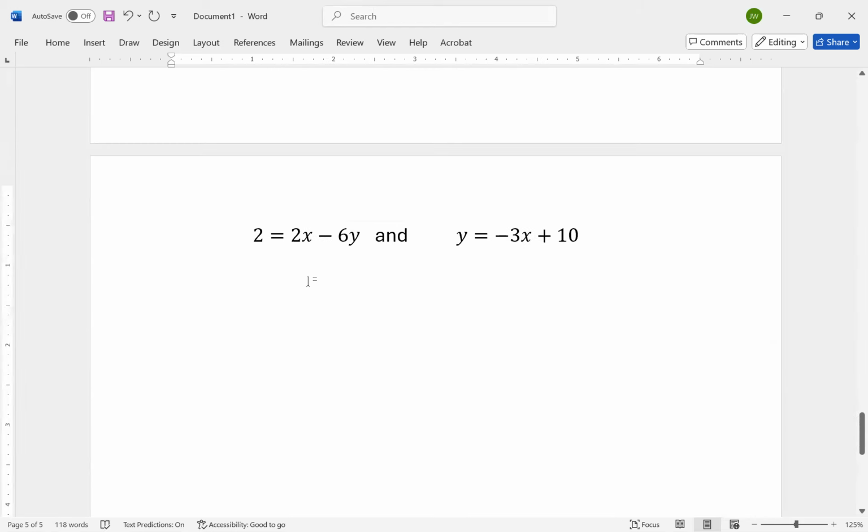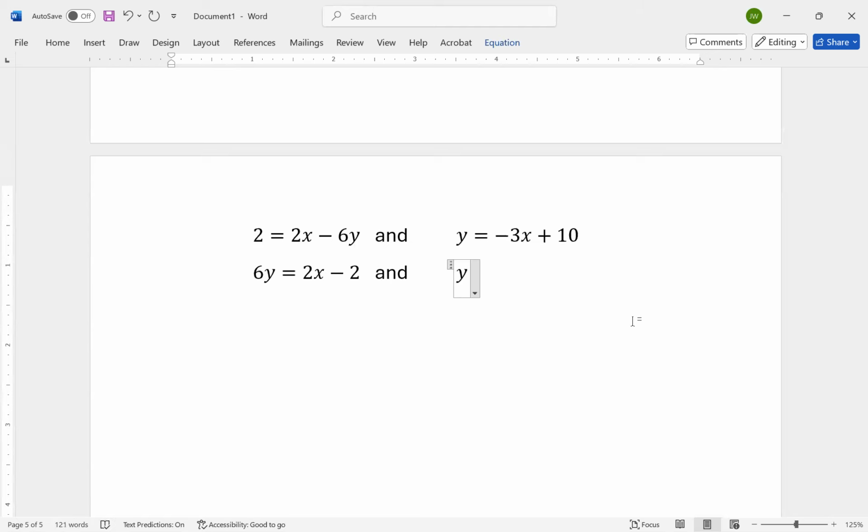I do the exact same thing in this second example. I want to isolate y. I'd probably add 6y to both sides and then subtract 2. That would give me 6y is equal to 2x minus 2. And then for the other line, that's already in slope-intercept form.